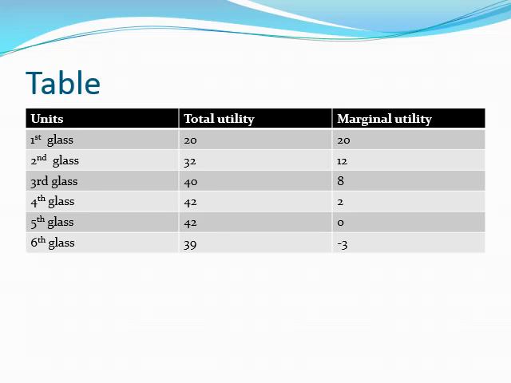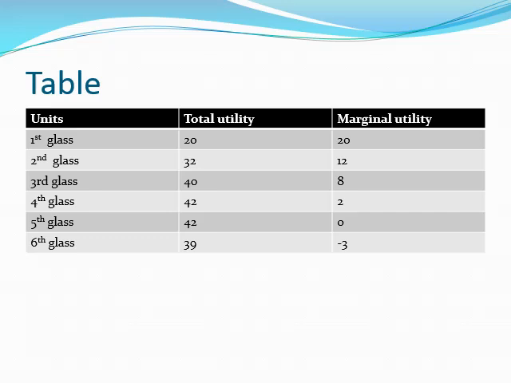Notice that 40 is the summation of first marginal utility plus second marginal utility plus third marginal utility: 20 plus 12 plus 8.